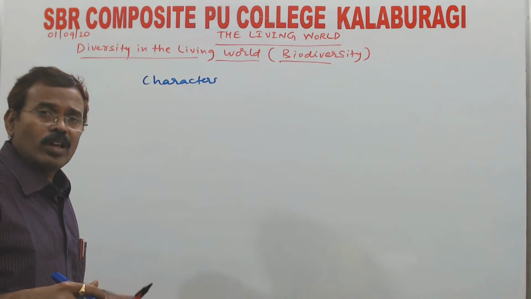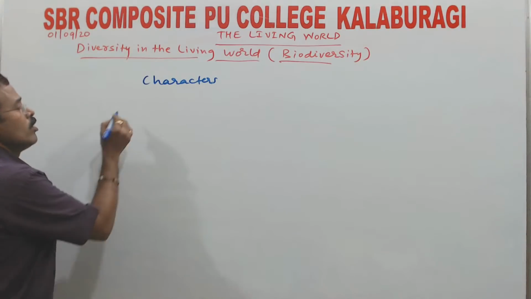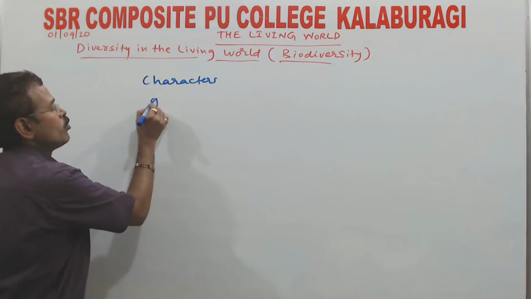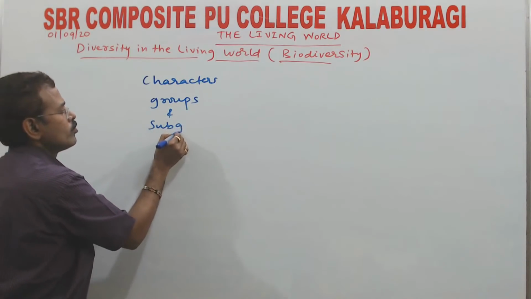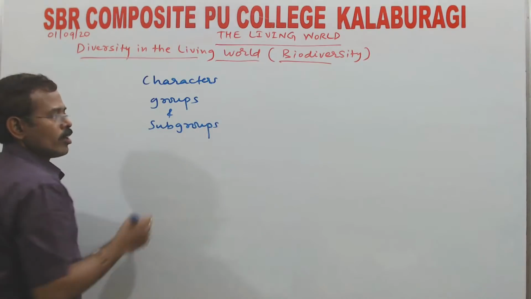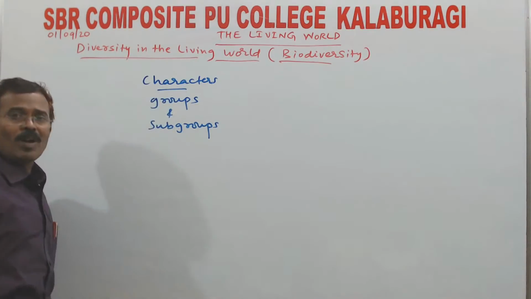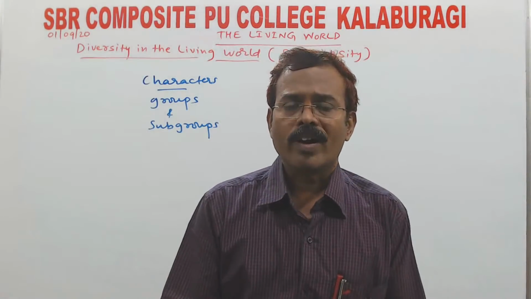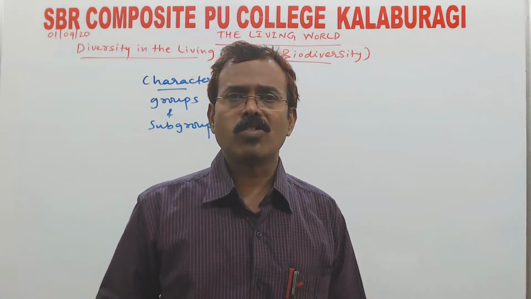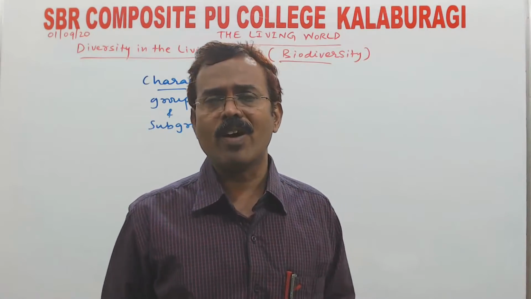These living species are classified into groups and subgroups based on the easily observable characters of the plants, animals and microorganisms which have been identified.